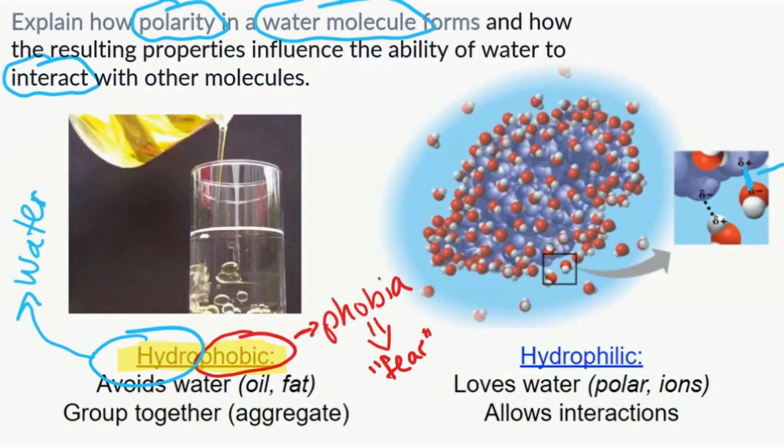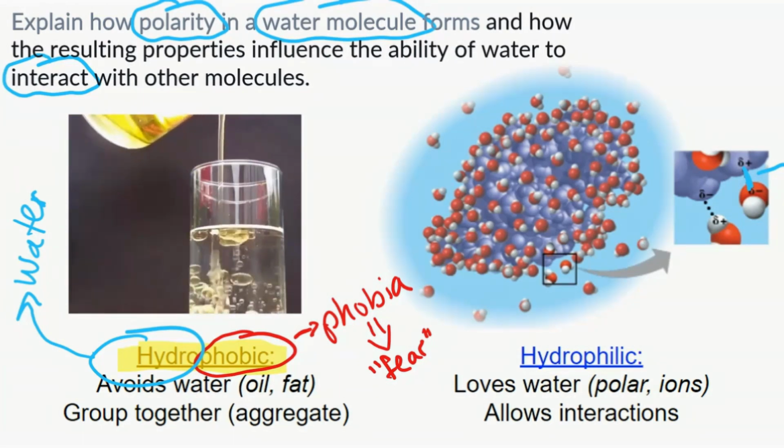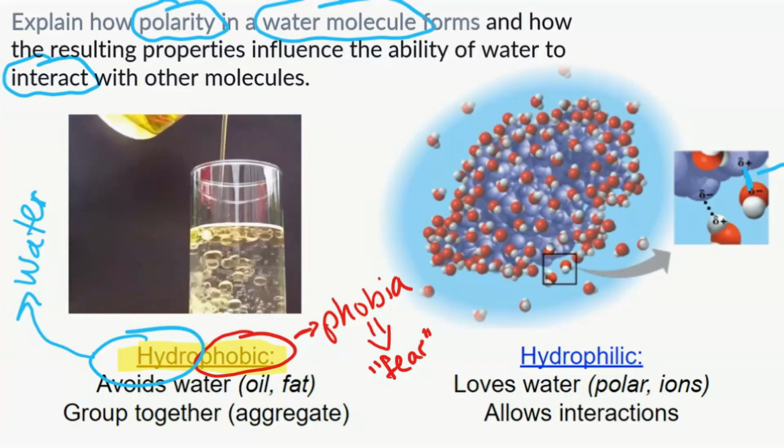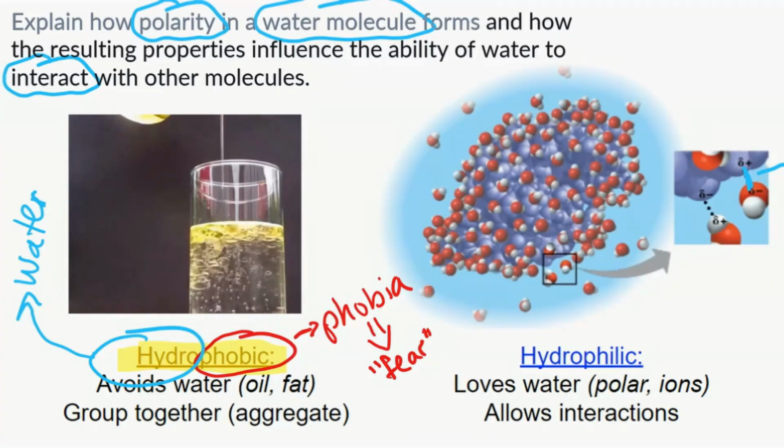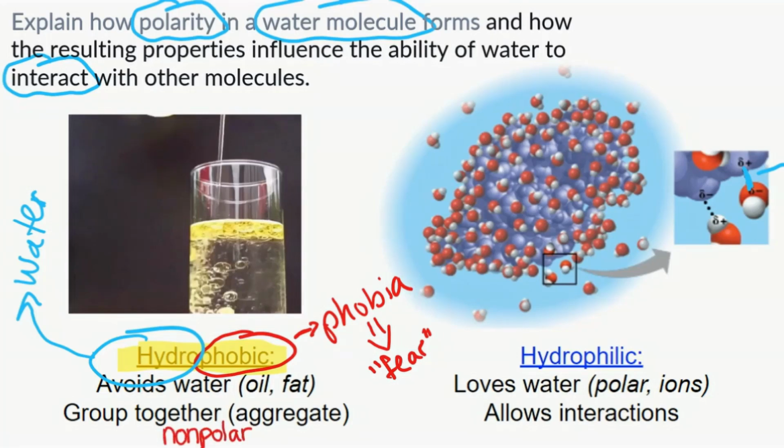Think about phobias. For example, if you have ever dumped oil in water, you've seen how hydrophobic substances like oil can be. Oil molecules are hydrophobic because they are relatively nonpolar. They have relatively nonpolar bonds.